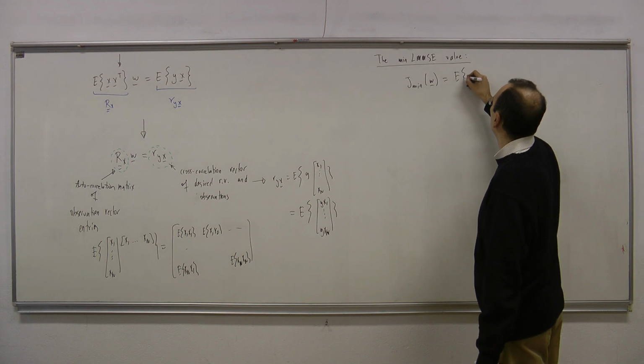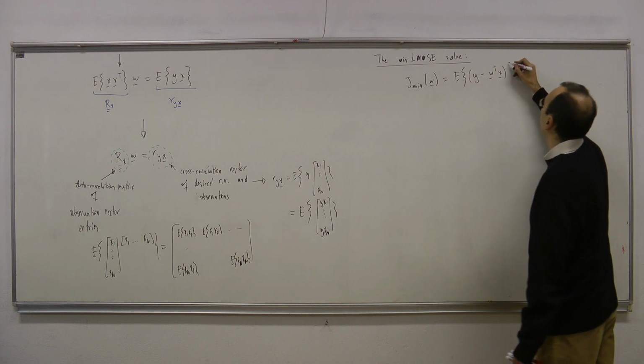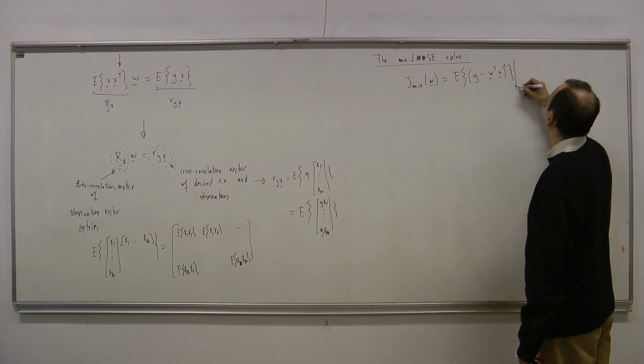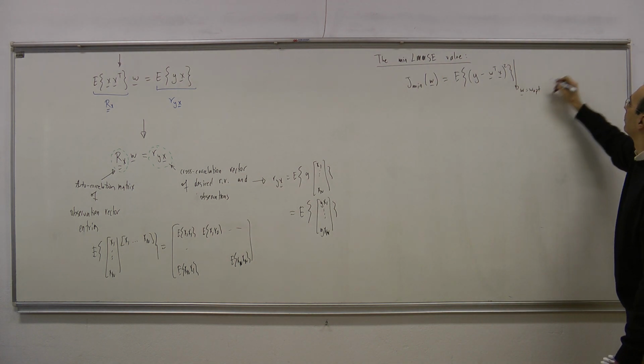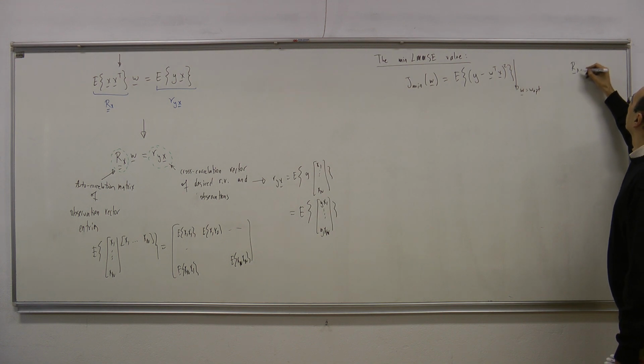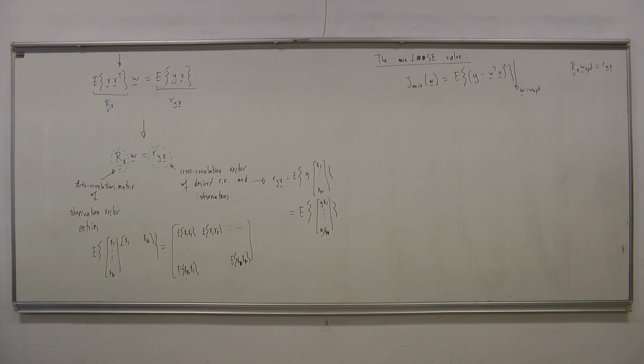This is expected value of Y minus W transpose X with W optimal, meaning that Rx W optimal is equal to Ryx.